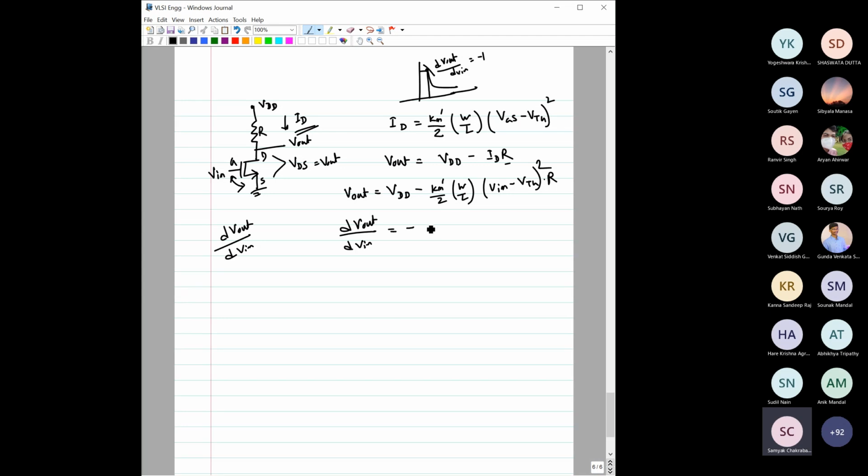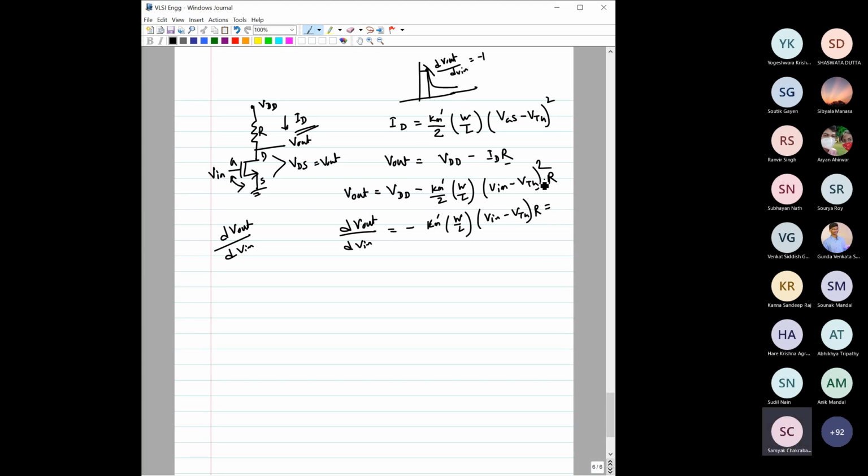Minus Kn dash W by L into V in minus VTH into R. Right, so this is equal to what at this point?